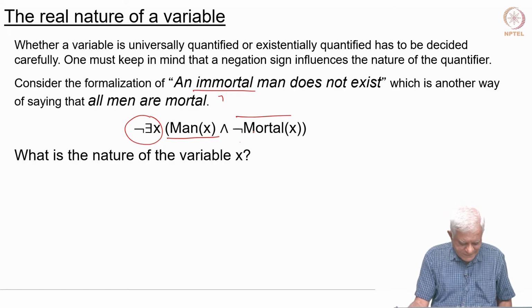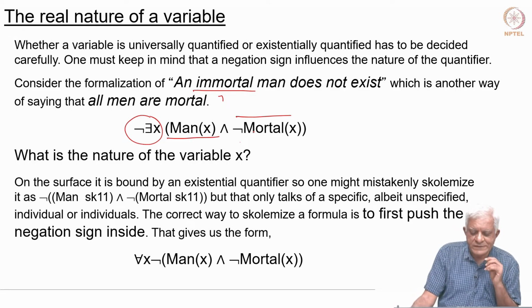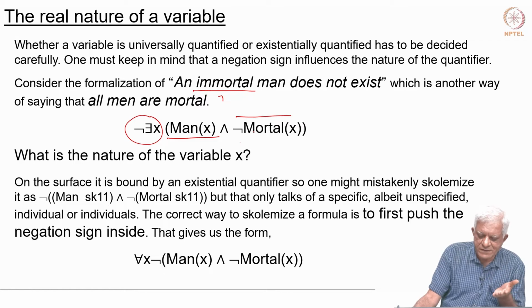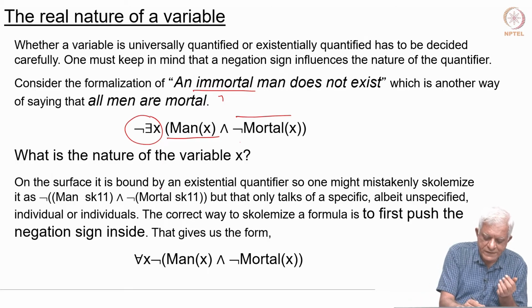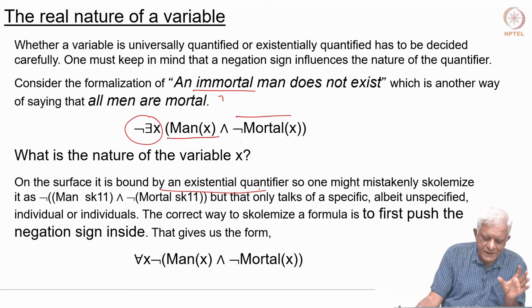What is the nature of x here? Syntactically, there seems to be an existential quantifier there; we said there exists an x. So, on the surface it is bound by an existential quantifier, that is what I have said here. One might mistakenly Skolemize it by replacing it with a Skolem constant, but that only talks about a specific, albeit unspecified, individual or individuals.